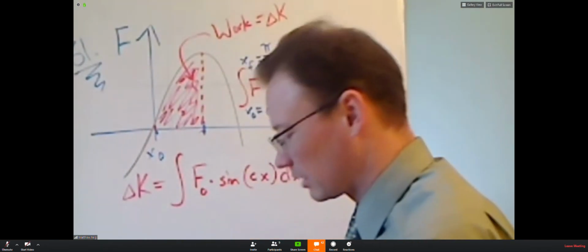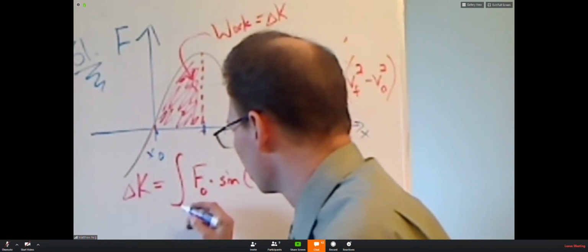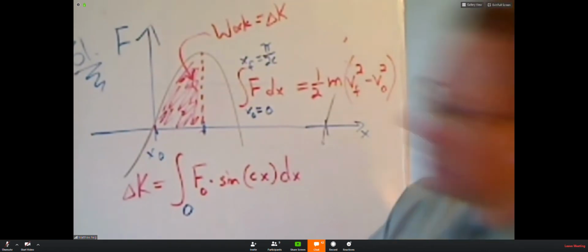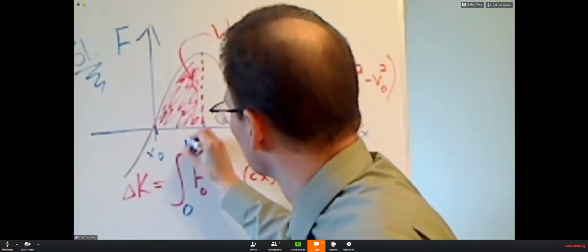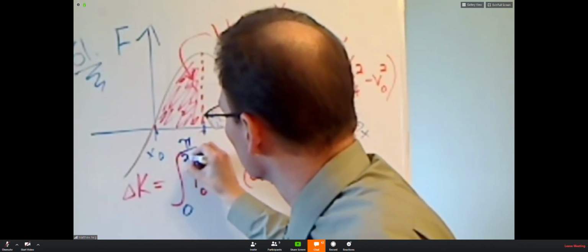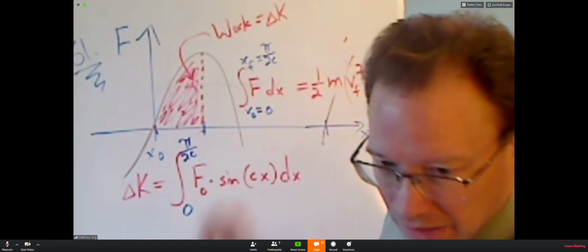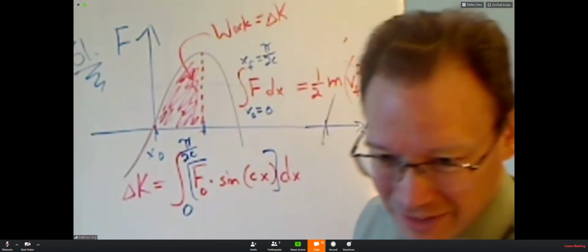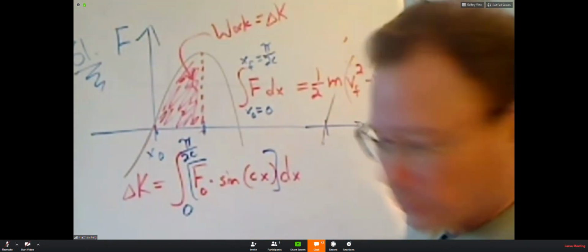And I'm going to integrate from 0 to whatever position you labeled in part C, and I think it is pi over 2c. And then the antiderivative with respect to x. Can somebody type in what's the antiderivative of this with respect to x?